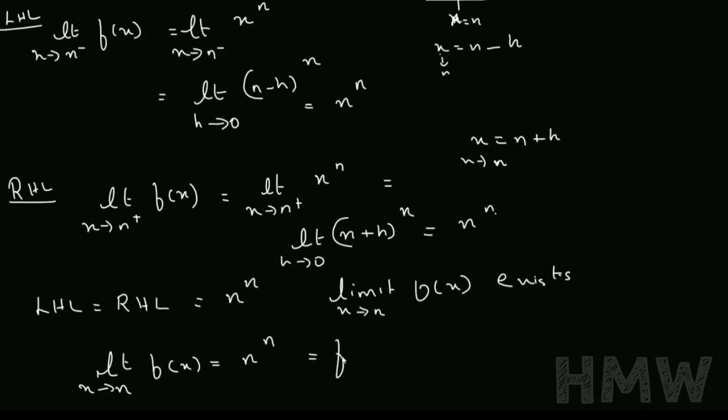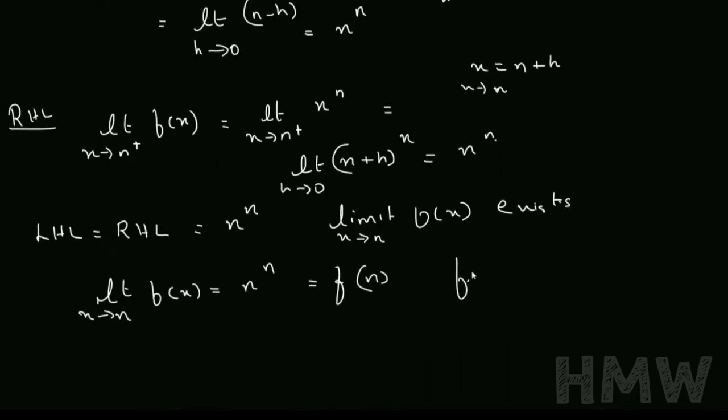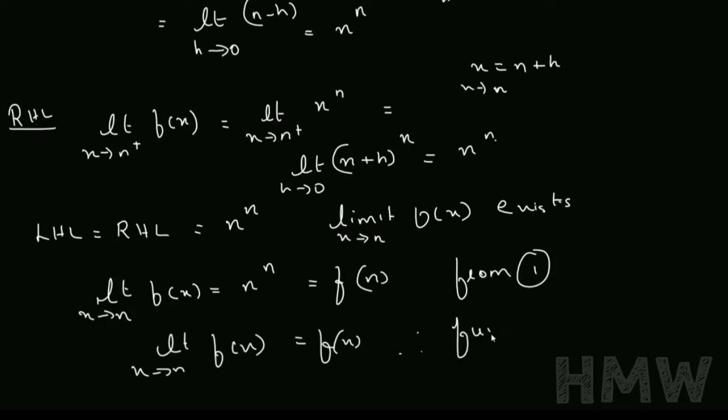That is equal to the functional value, from equation 1. So the limit value is equal to the functional value. Therefore, the function is continuous at x is equal to n.